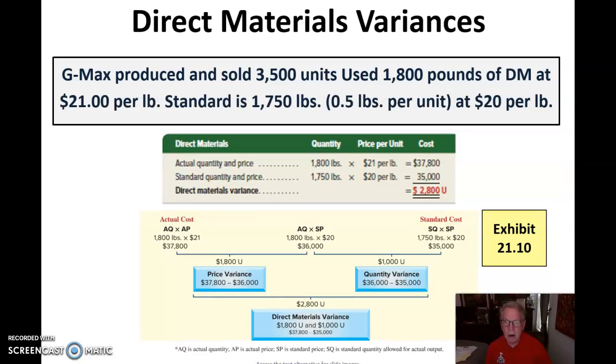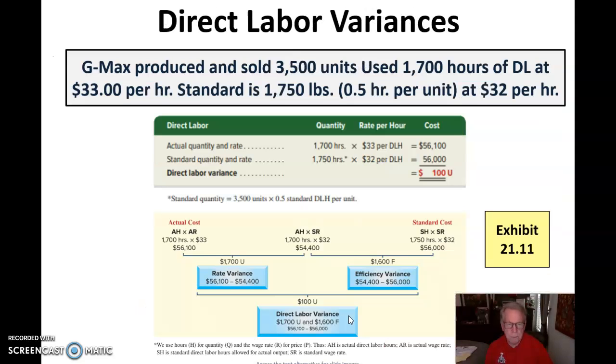Back here, that was the direct materials variance. Now, the wage rate variance, or rate variance as it's called here, is I'm going to put actual hours here, standard rate here, just like I did with the material side.